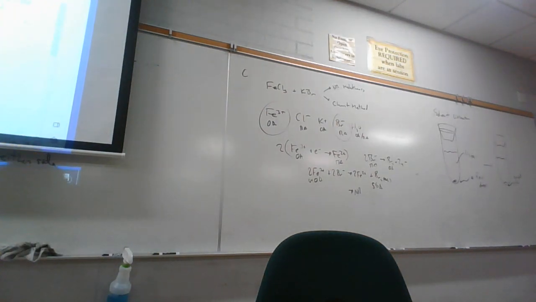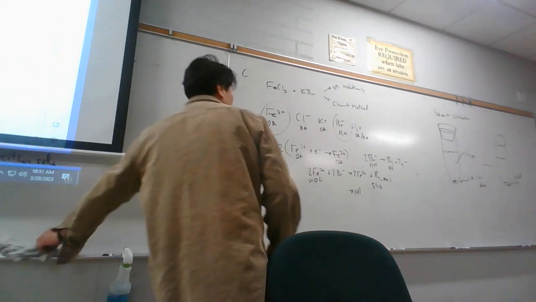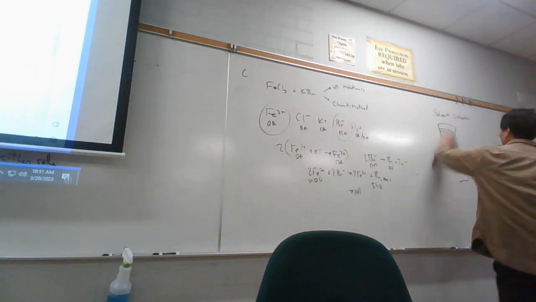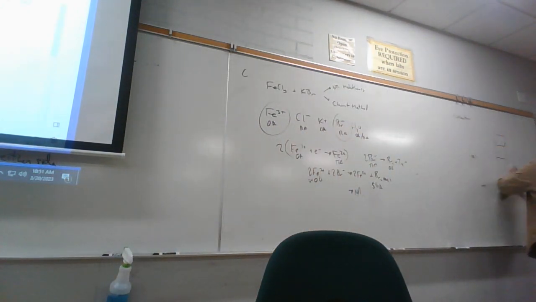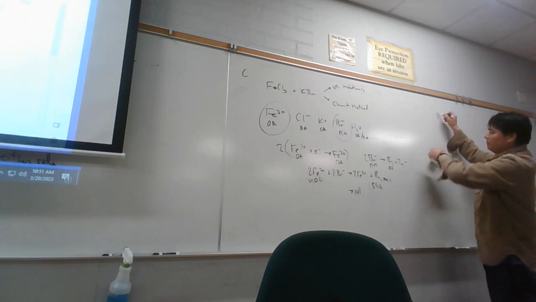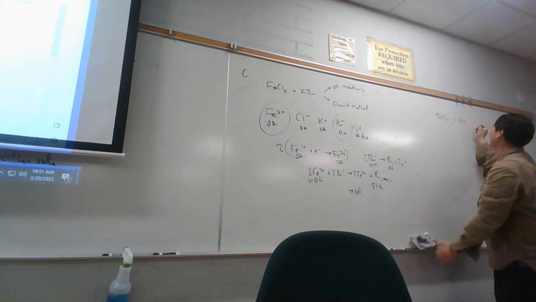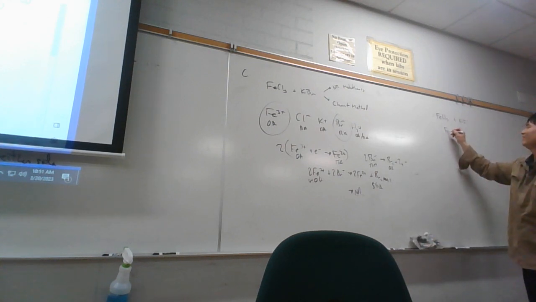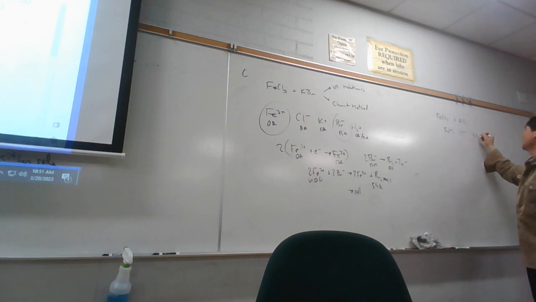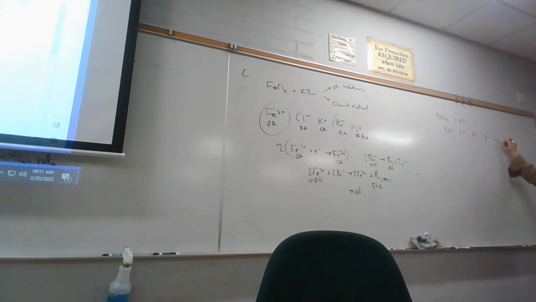Okay, now we're going to do the next reaction, which is going to be FeCl3 plus KI. Okay, so it's the same thing. Fe3+, chloride, potassium ions, iodide, water.